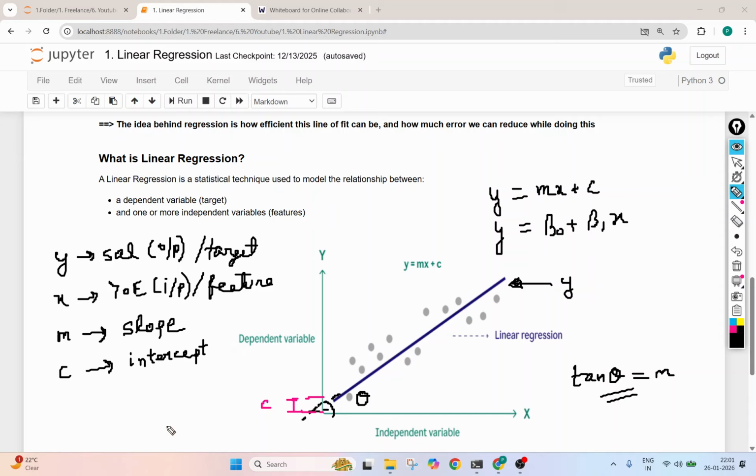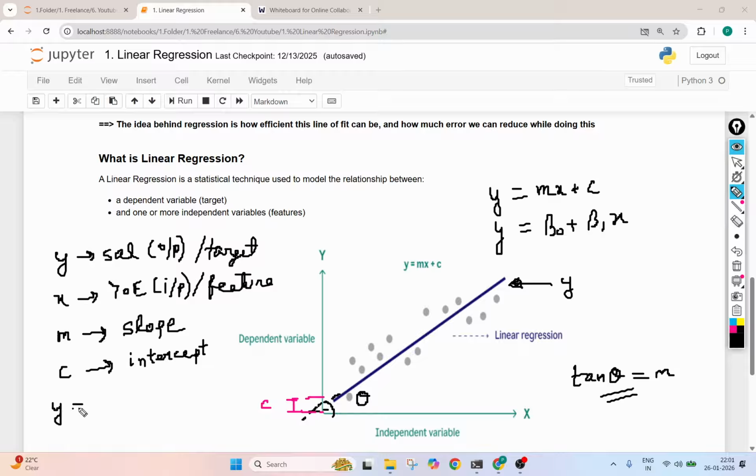All right. So these are the different terminologies in linear regression. y is the output or the target, x is the input or the feature, m is the slope, and c is the intercept. Now, how to understand this in a much more non-technical way? For example, let's say I want to predict the salary, given a year of experience.